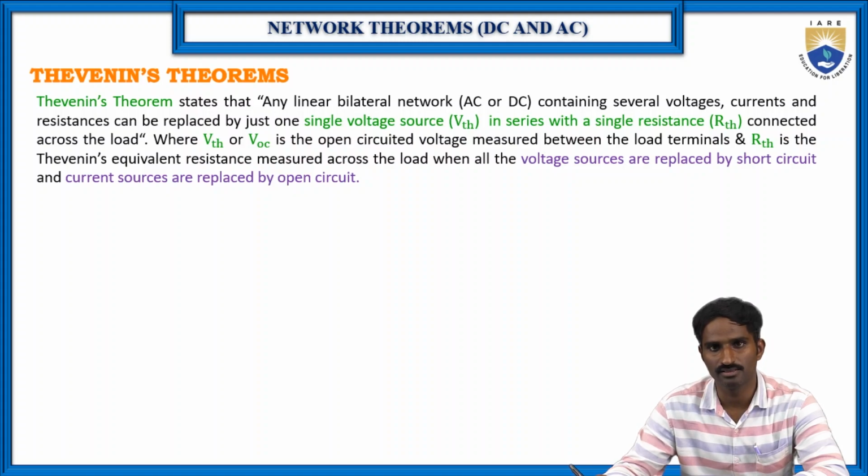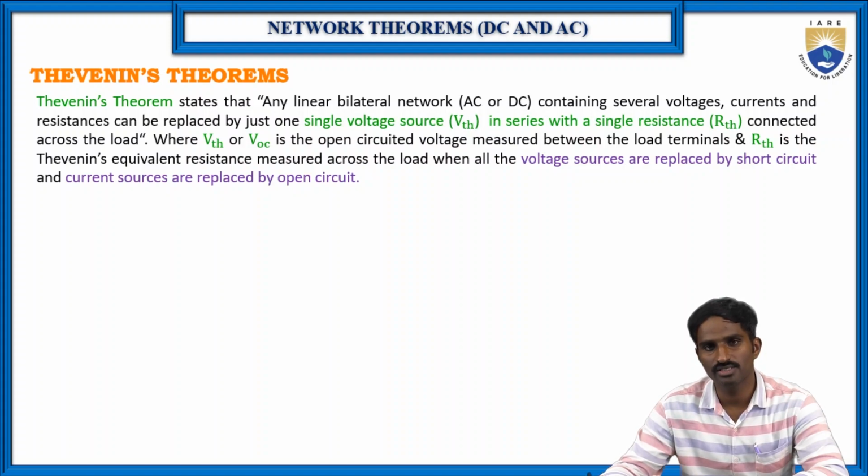Which means if you want to find a response across any element, either the voltage or the current flowing through the resistance, then the total circuit can be replaced by an equivalent circuit.